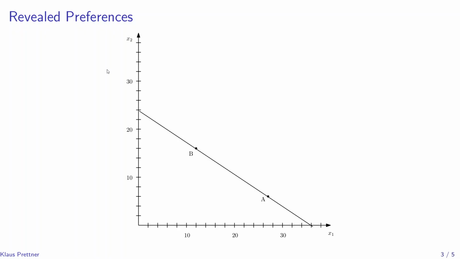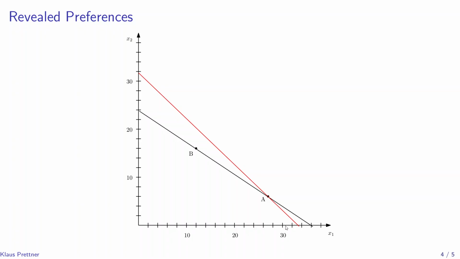How does this work in principle? Well, assume that we have again two goods, x1 and x2, and we have a certain budget constraint of the household. Now we have two different consumption bundles we can choose, A and B, say, and if the consumer chooses A given this setting, then we know that the consumer will always choose A whenever both of these choices are available.